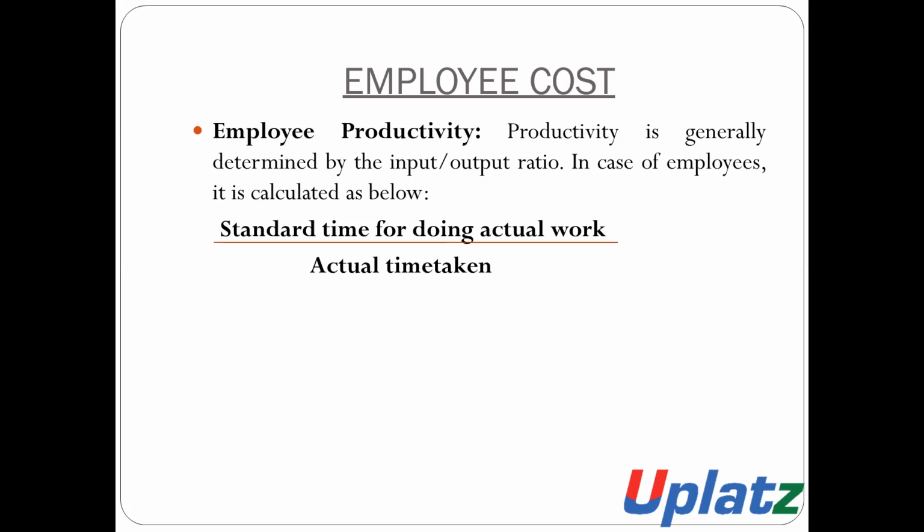In the case of an employee, the employee productivity is calculated by this formula: standard time for doing actual work divided by actual time taken. On the basis of this formula, we can determine the employee productivity.